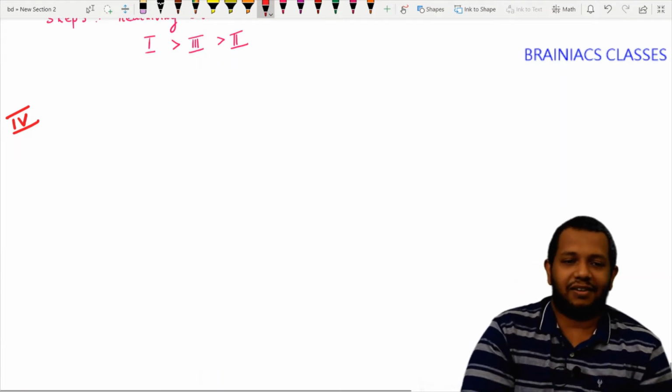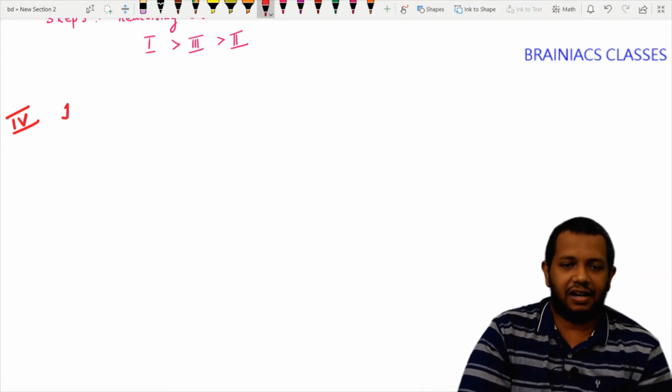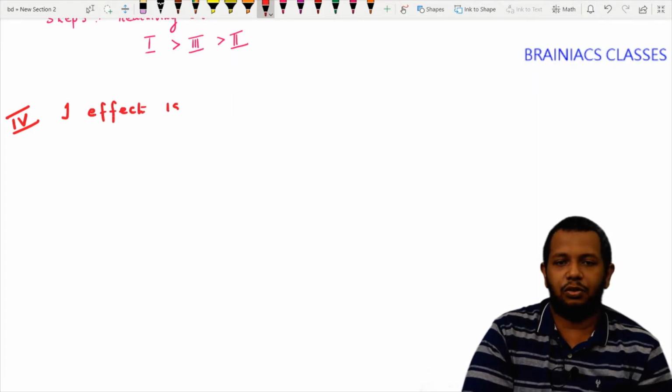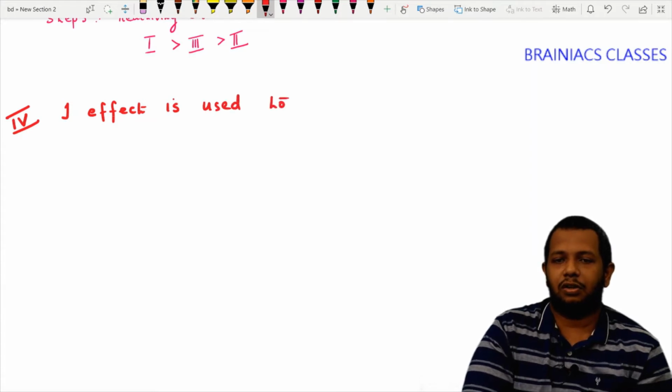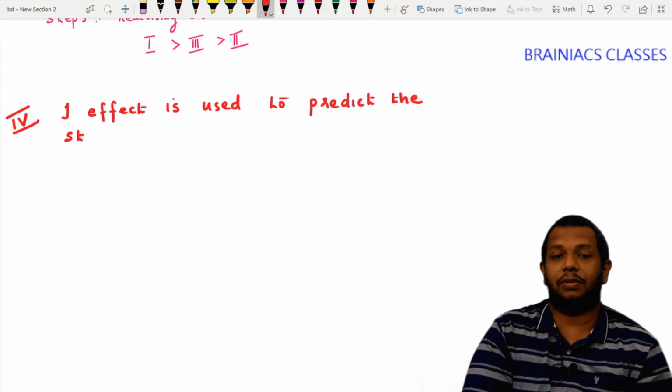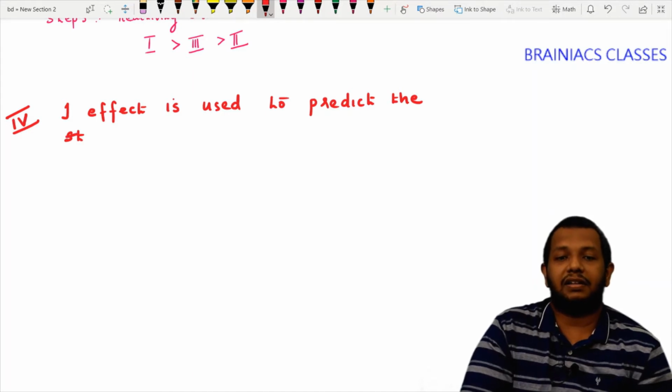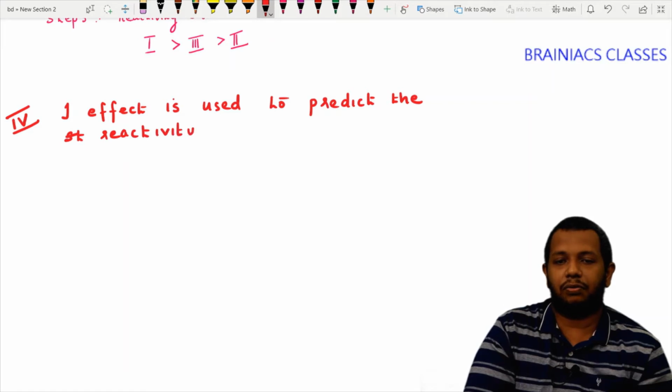So I will write here: the I effect, inductive effect, is used to predict, not the stability, but the reactivity of carbonyl compounds.